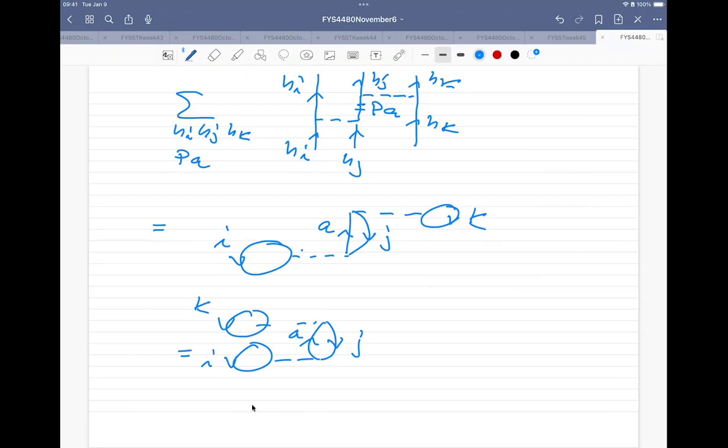Now, when we look back at the expressions which we derived last week, this translates into the following analytical expression, where we have a sum over I, J, and K. These are the states below the Fermi level. Then I pick the interaction elements.